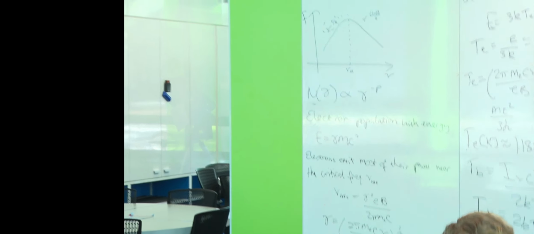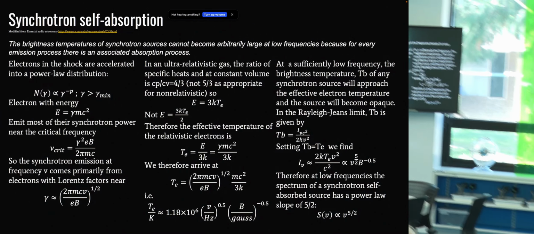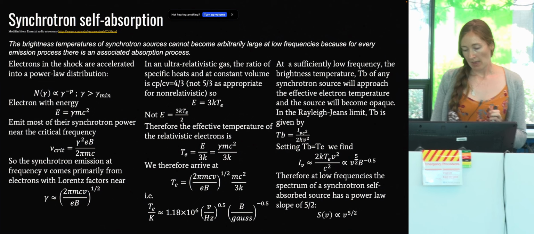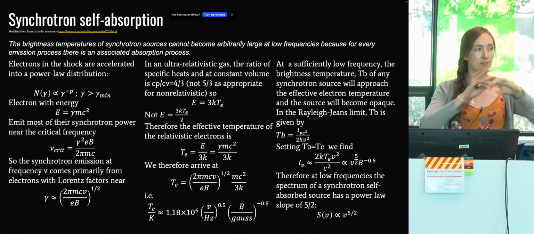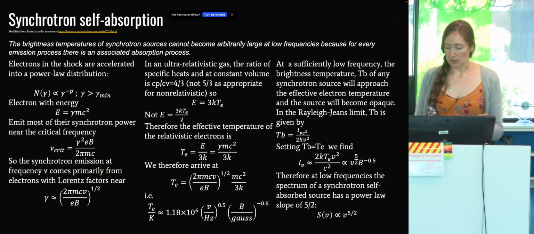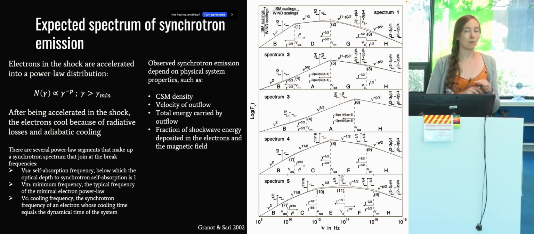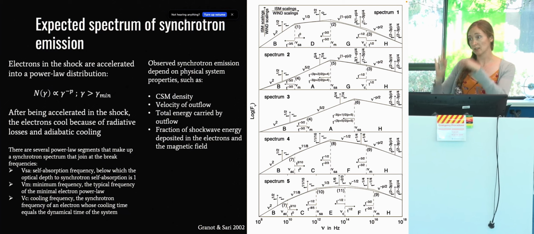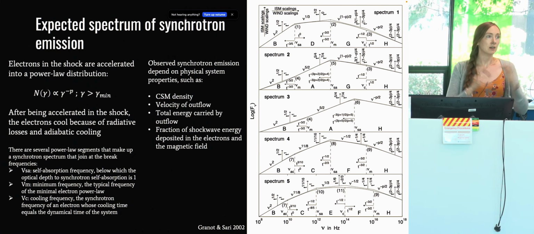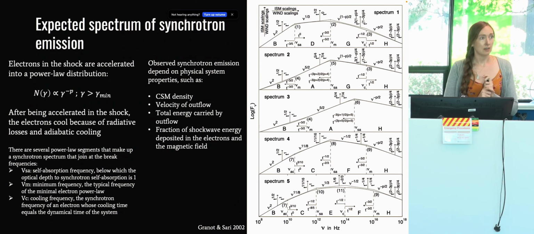So yeah, we can go through that if you like, or I can point to some notes that will derive that for you. But basically these numbers, so the power law indices and how the spectra look, don't come from nowhere. They come from the properties of the electrons in this emitting region of the synchrotron source, and they're very standard expected things.